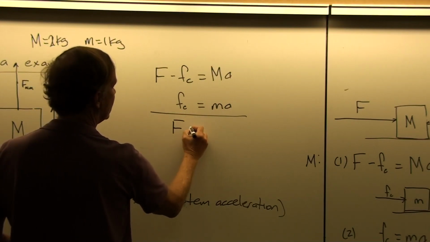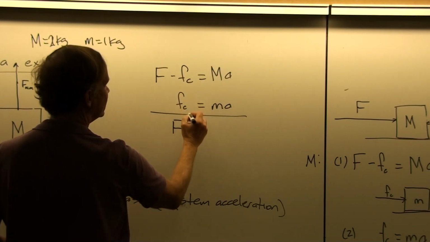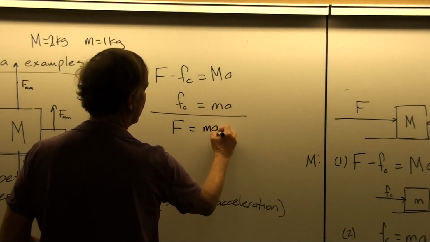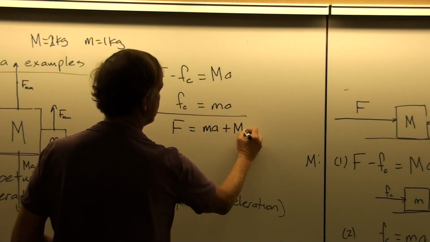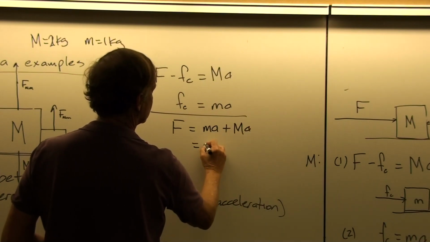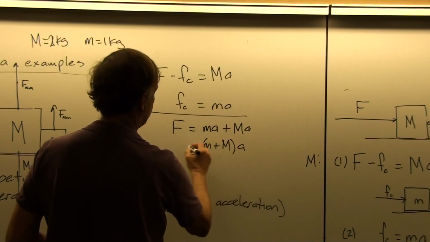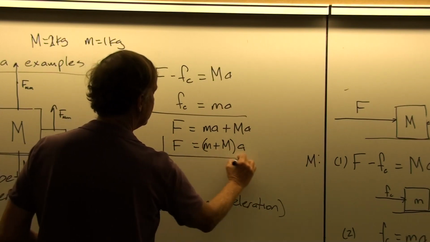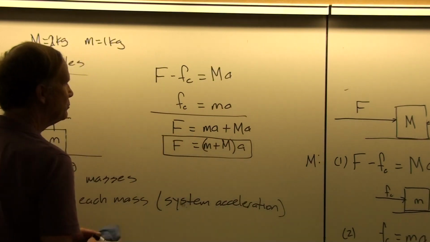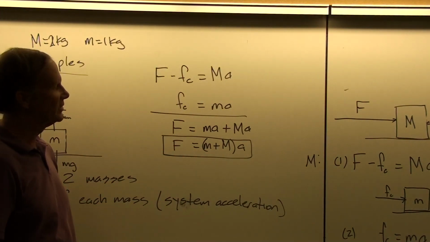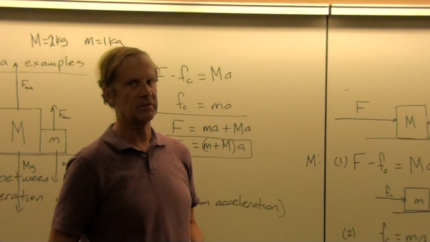So that'll give me F minus F contact is equal to little m A plus big M A. So that gives us little m plus big M times A. Okay, so this is really equivalent then to saying that both masses are a single combined mass for the purposes of figuring out the acceleration of the system.